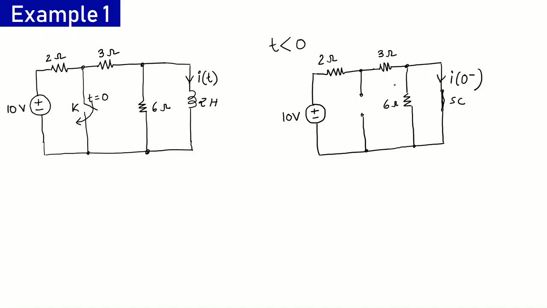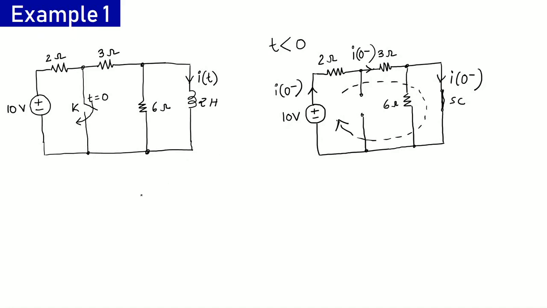To calculate this current I0 minus, we see that this resistance 6 ohm will be bypassed because it is directly short circuited. So this current should have been coming from this junction, and it should have been coming from the original source, 10 volt. So we can use KVL in this loop and calculate I0 minus.